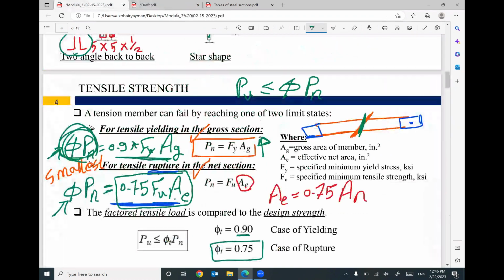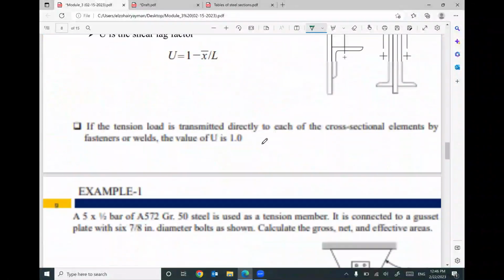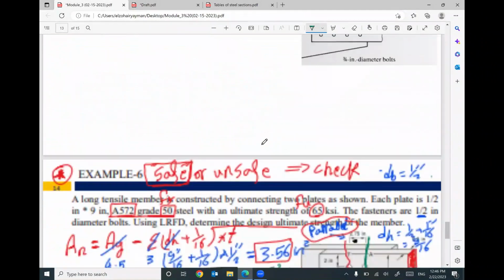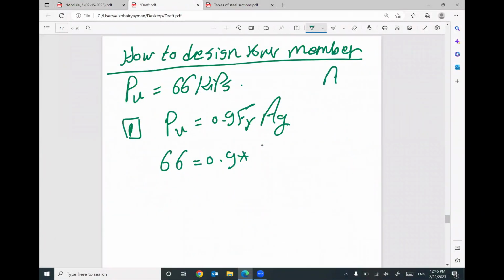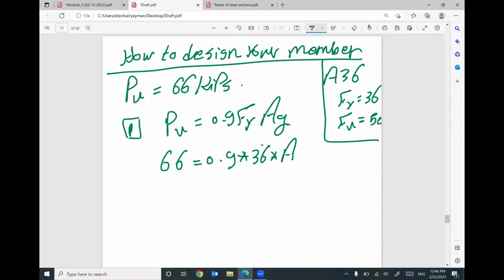Go back to your problem. What type of steel are we using in this example? The steel is A36. So for steel A36, your Fy equals 36, and your Fu equals, I think, 50. This information will be given, don't worry about the type of steel. So Fy is 36, and the gross area, I don't know.